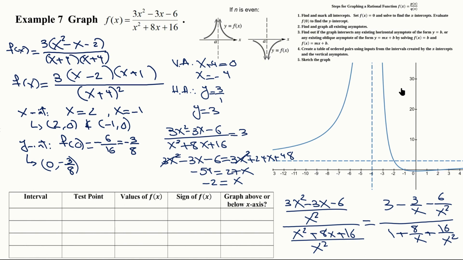So let's set those up: negative infinity to negative 4, then negative 4 to negative 1, then negative 1 to 2, and then 2 to infinity.